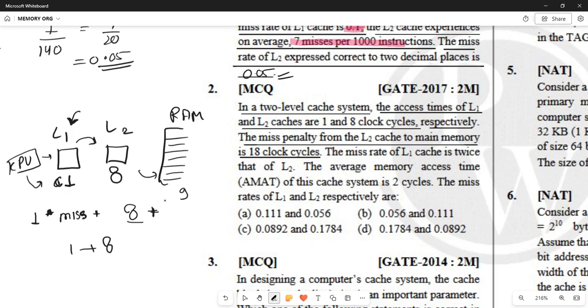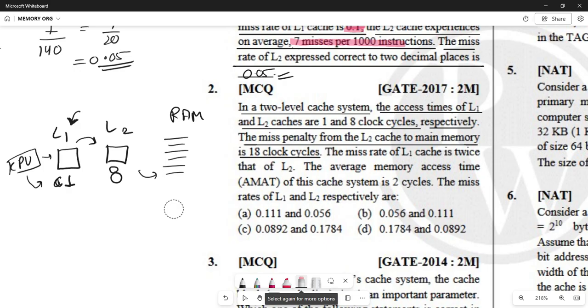The miss rate of L1 cache is twice that of L2. The average memory access time of the cache system is 2 cycles. The miss rates of L1 and L2 are respectively what?